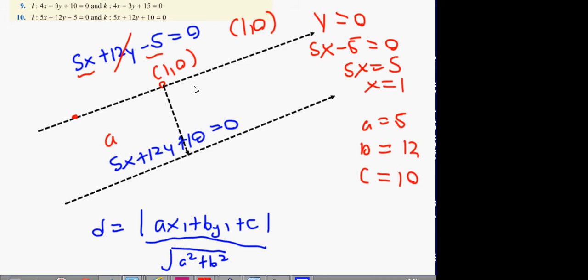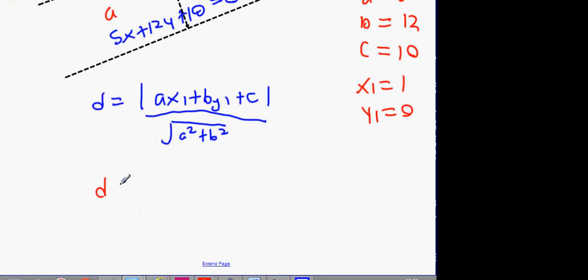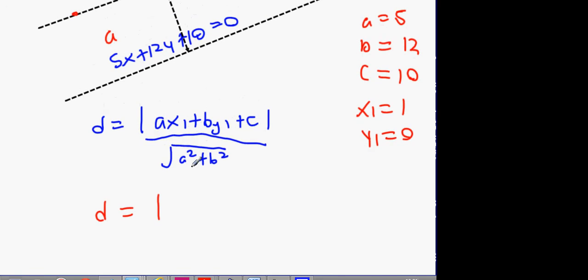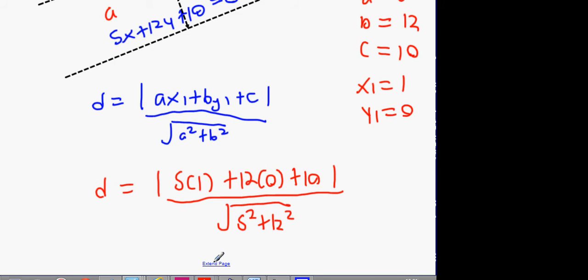What we can do next is say that x1 is 1, y1 is 0. We're now going to use this formula, and what we get is this. D equals the absolute value of ax1 plus by1 plus c, which is going to be 5 times 1 plus 12 times 0 plus 10, all divided by the square root of 5 squared plus 12 squared, and that is 13.